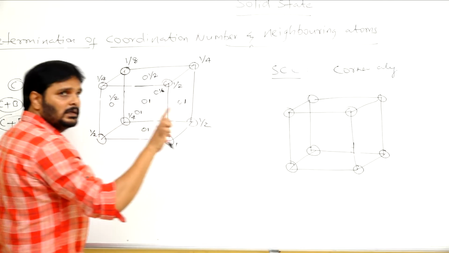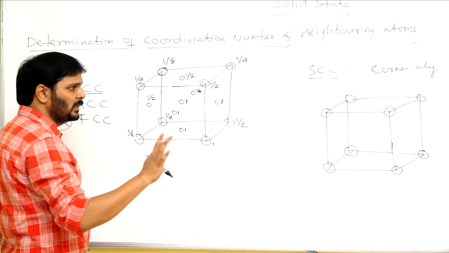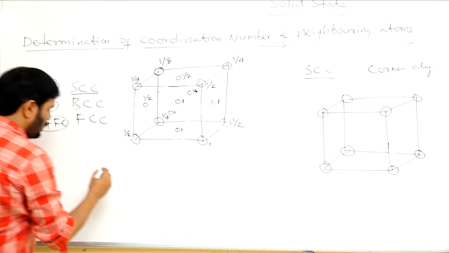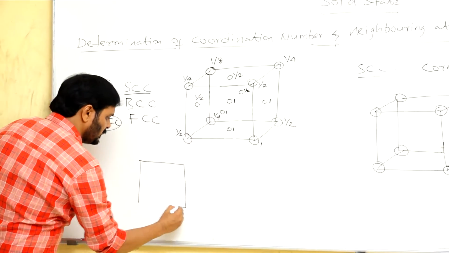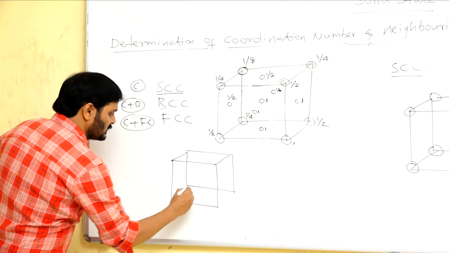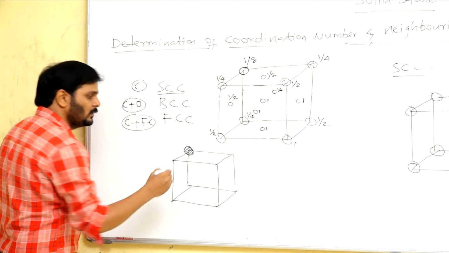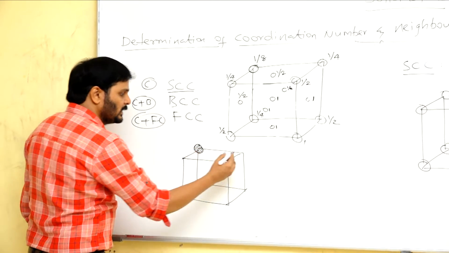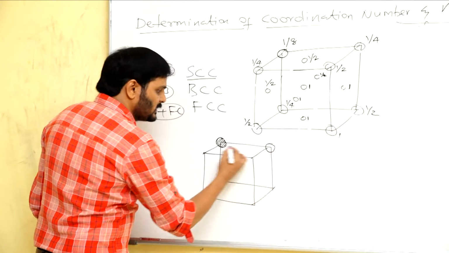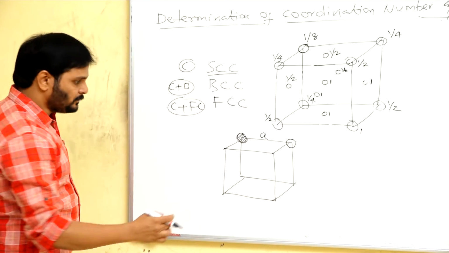So as I said, you have only 8 unit cells in the system. Okay, so I am taking out now a simple cube. Now this is the reference atom I am taking over here. To this reference atom, this is an atom separated with the distance a. This is known as edge length.